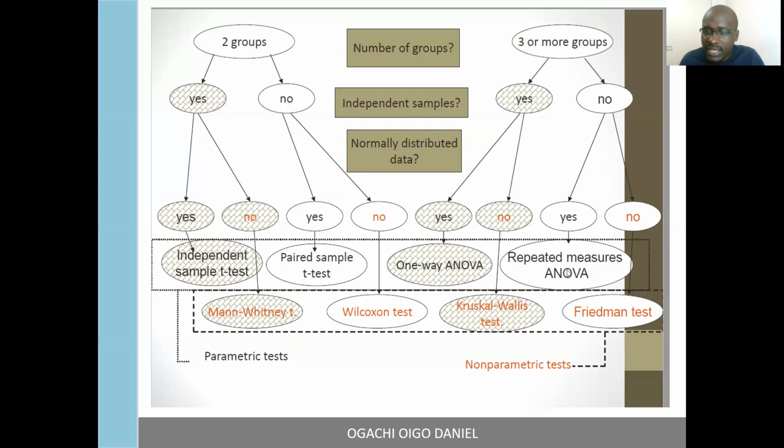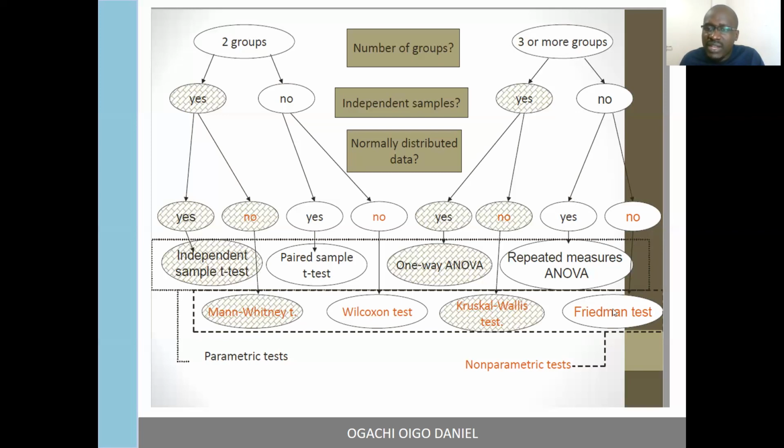So a repeated measure ANOVA is conducted when we have 3 or more groups where the samples are not independent, but the data is normally distributed. Lastly, if we have 3 or more groups with no independent samples and the data is not normally distributed, we conduct what we call a Friedman test.